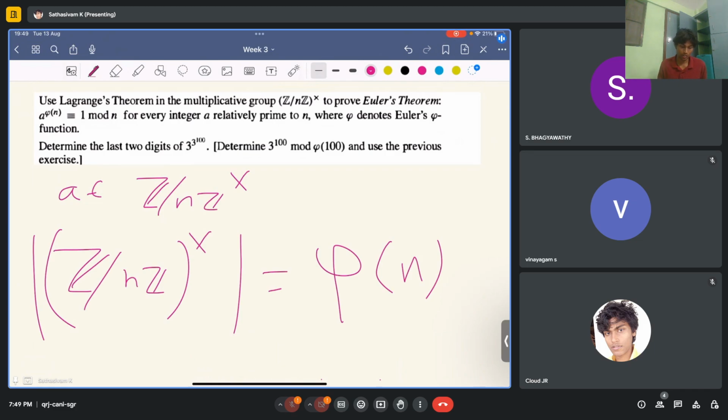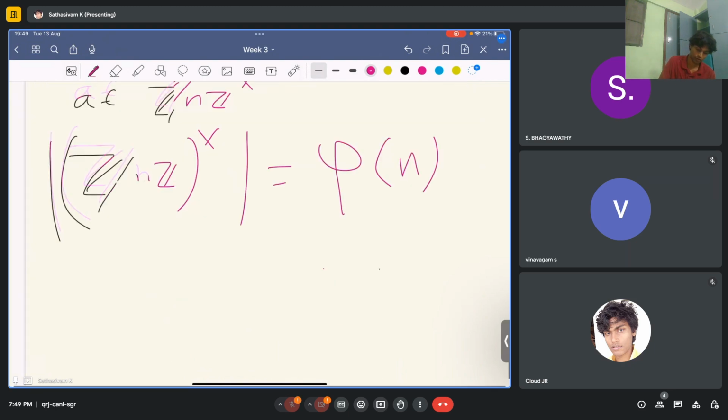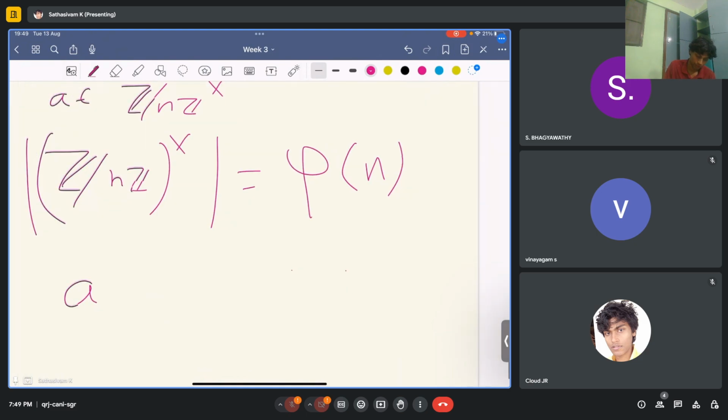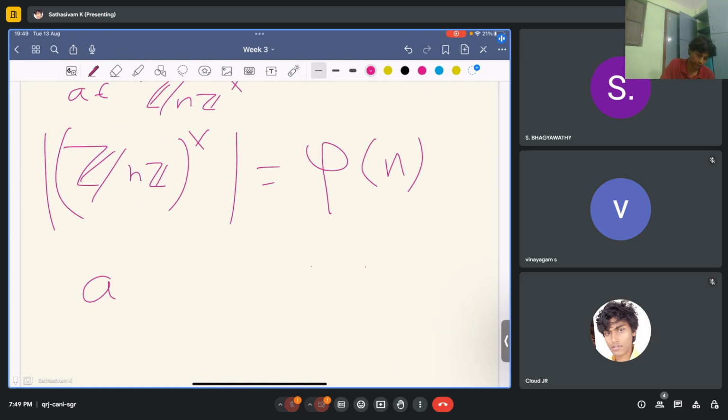You have an inverse if and only if the GCD has to be 1. So let's say you take two elements here. One of the important steps here is to actually prove that the order is phi of n.